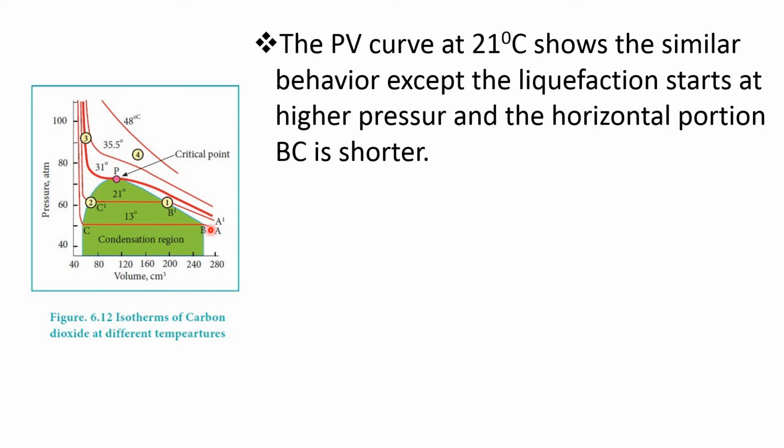Liquefaction starts at this B dash, which is at comparatively higher pressure, and this horizontal portion, denoted by B dash and C dash, is comparatively shorter than the earlier one. These are the only exceptions. Otherwise, the nature of the curve is the same.